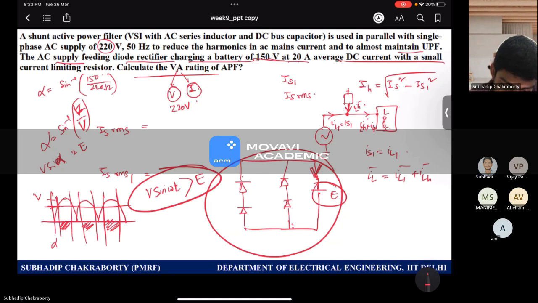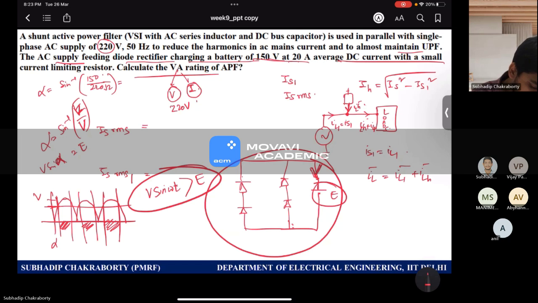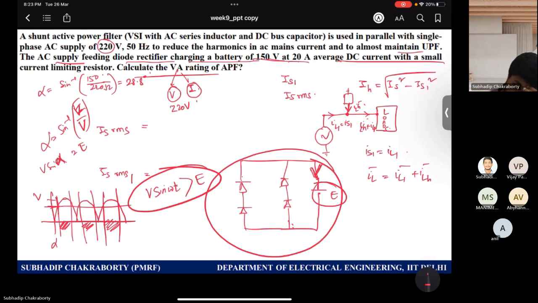So what is alpha coming? 28.8 degrees. Got it?